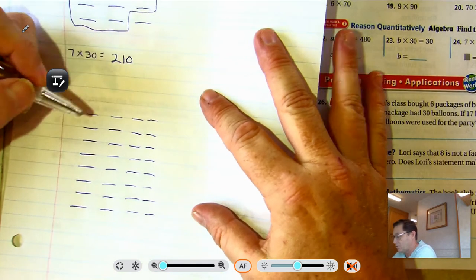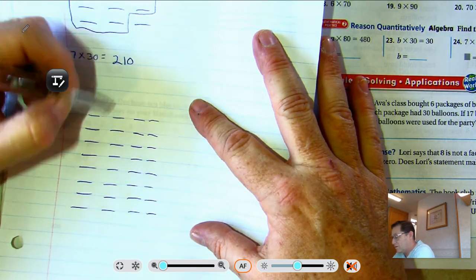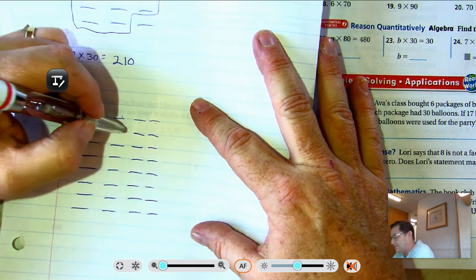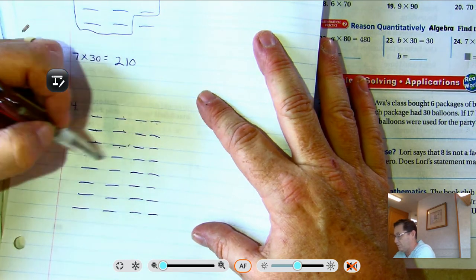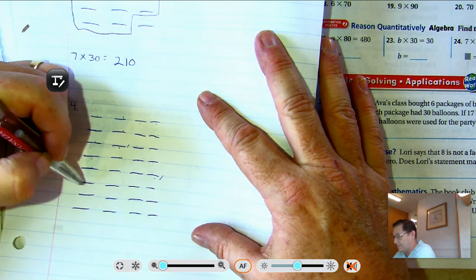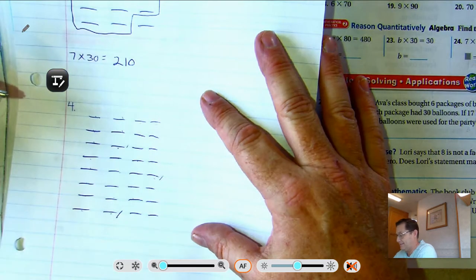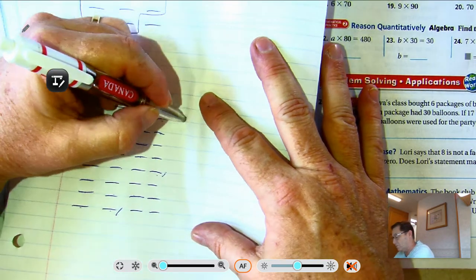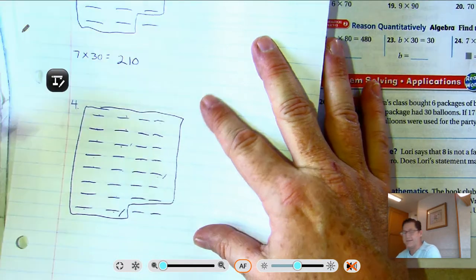So let's circle groups of 10s. 1, 2, 3, 4, 5, 6, 7, 8, 9, 10. So that's one we can do for sure. 1, 2, 3, 4, 5, 6, 7, 8, 9, 10. So that's 20 of them. 1, 2, 3, 4, 5, 6, 7, 8, 9, 10. Okay, so we can circle 30 of the 10s.